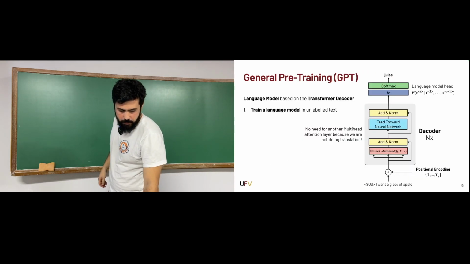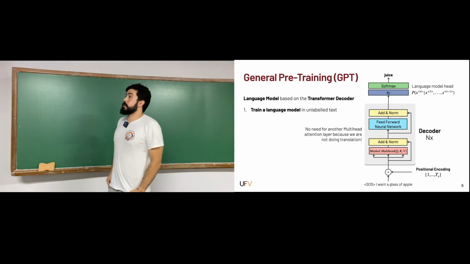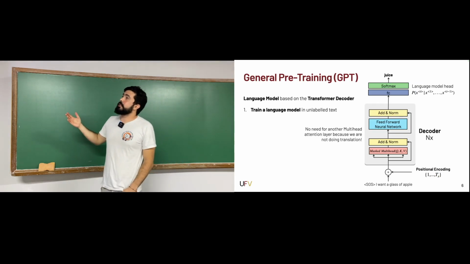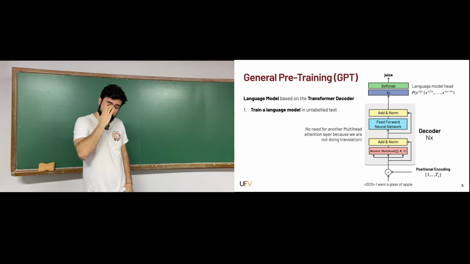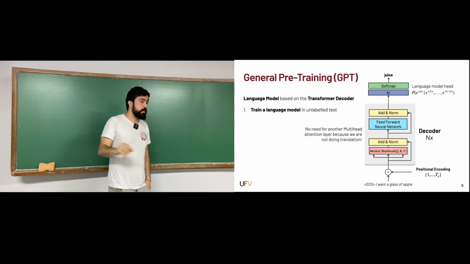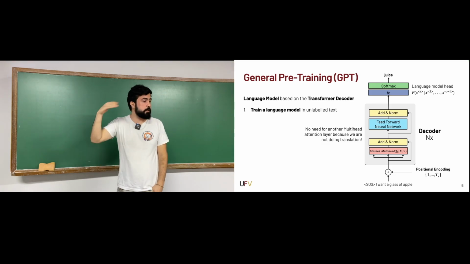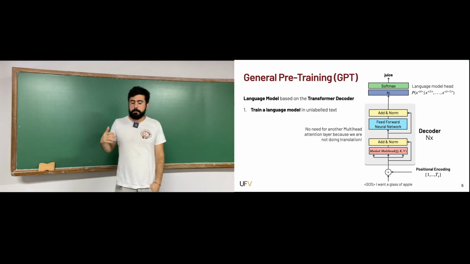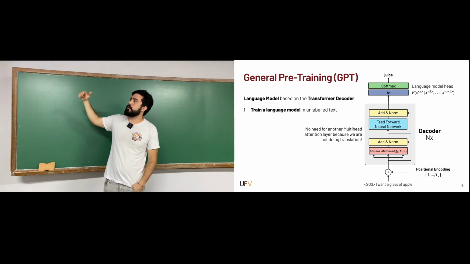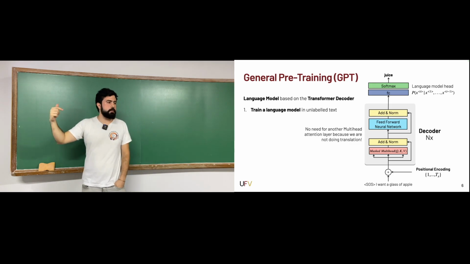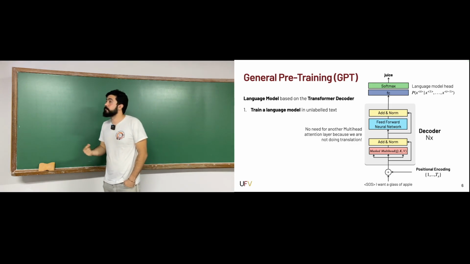GPT, or Generative Pre-trained Transformer, is a model designed by OpenAI back in 2018. I'm going to add the references at the bottom later, so you can look at the papers. This is one year after the original transformer, which was in 2017.